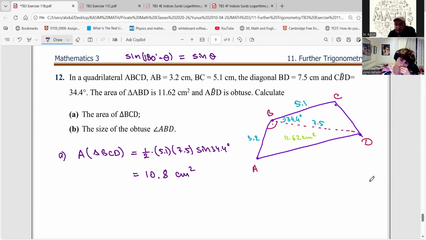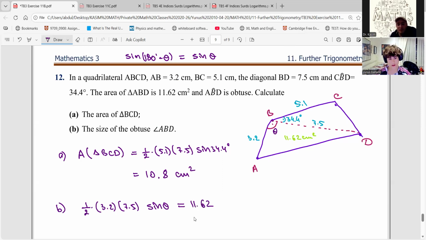Suppose that this angle we are looking for is theta. So it'd be 11.62 equals 1 over 2 times 7.5 times 3.2 times sine of theta.